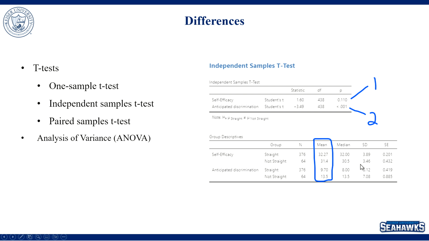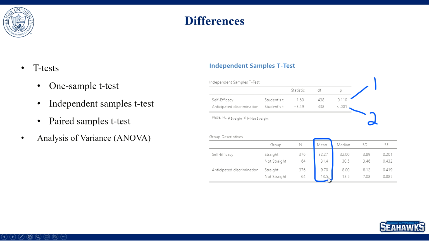And if you look at the mean values, you can see for self-efficacy, your mean value for not straight is 31.4, and your mean value for straight is 32.27. Well, there's not much of a difference between those. However, there is a rather large difference between the straight group, 9.70 for anticipated discrimination, and 13.5 for the not straight group.